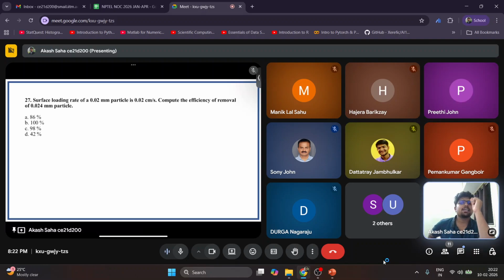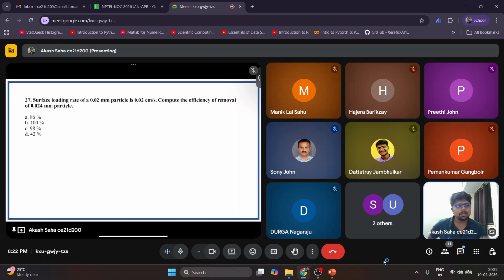Yes. The surface loading rate is given, right? 0.02 centimeter per second. That means any particle of 0.02 mm will be removed 100%. So the particle of that particular size will be removed 100%. Now the question comes, what about a particle of a greater size? Obviously, if a 0.02 mm particle is removed 100%, then a bigger particle will be removed too.